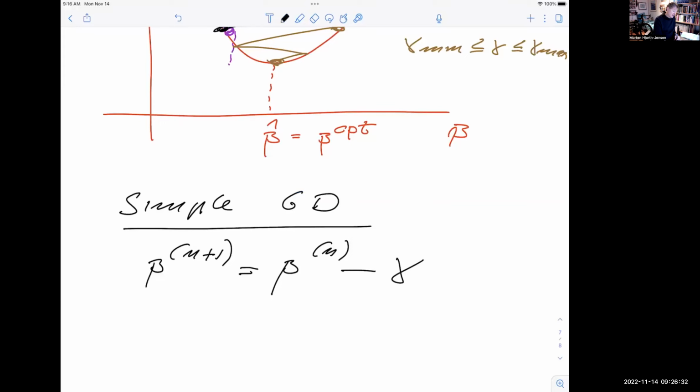And then we are going to calculate the gradient at iteration n, which means that we are using the previous value for the unknown parameters beta. So this is the simplest possible way we can do that. And this involves also the calculation of the full gradient.